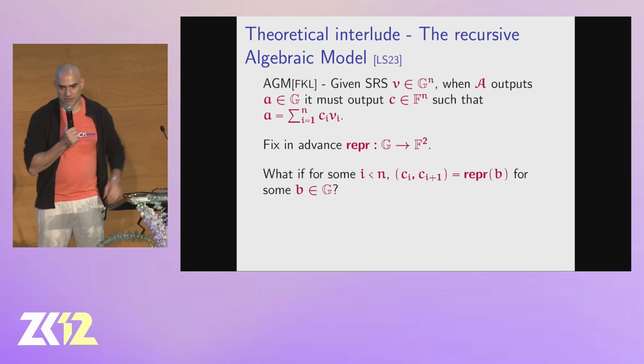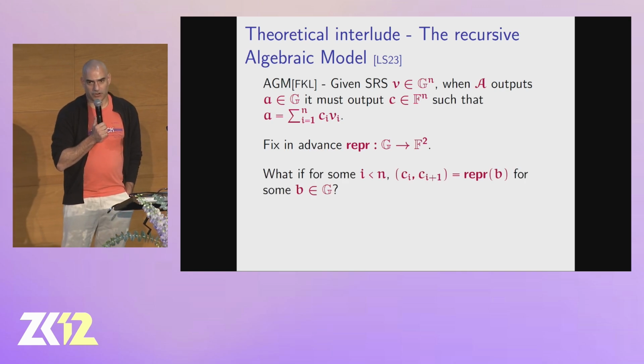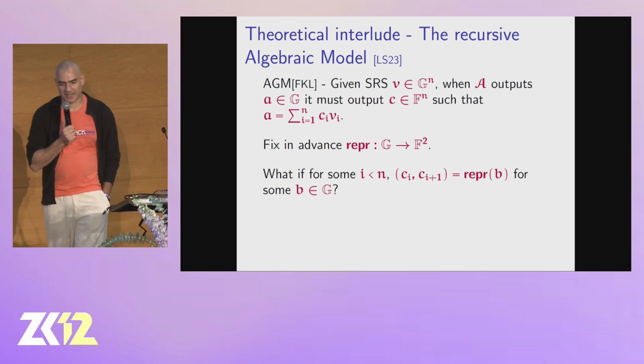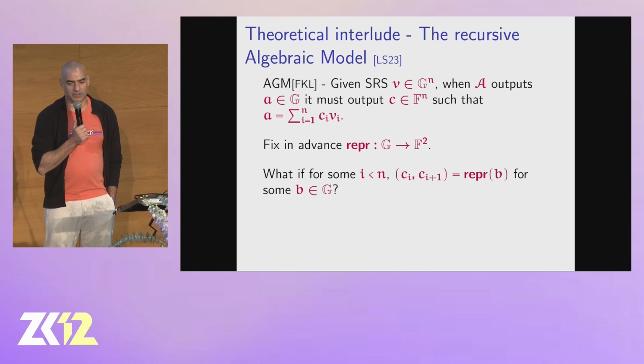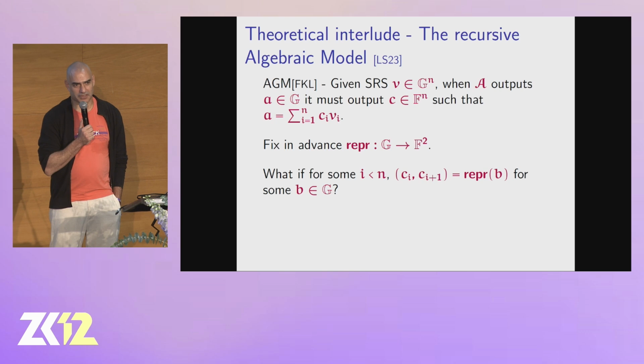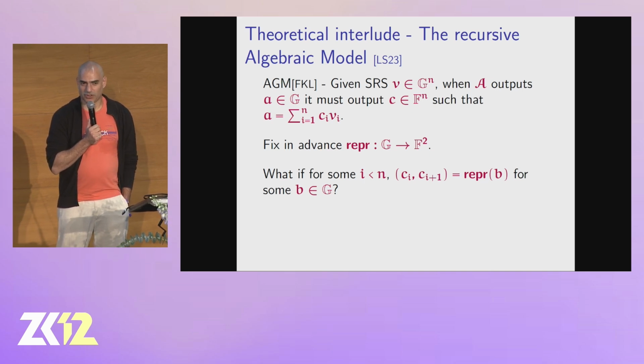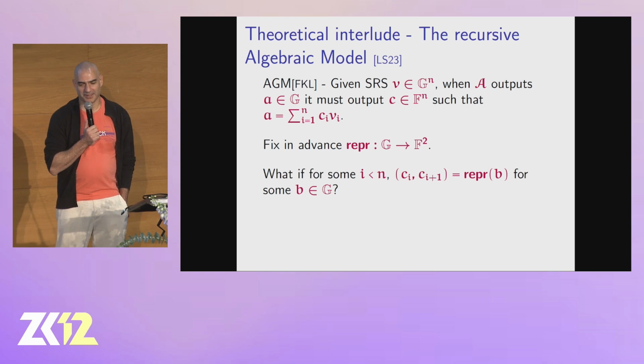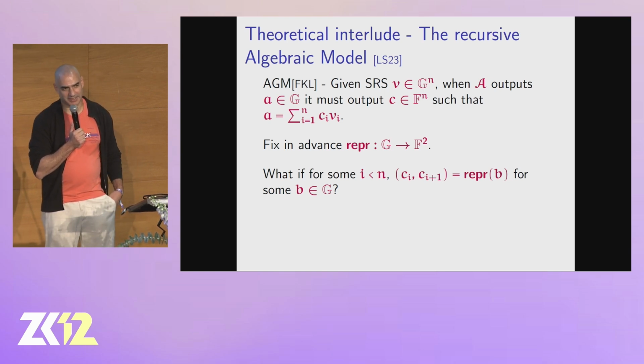And now suppose that the algebraic adversary outputted this vector C, and it just so happens that for some two adjacent indices in this vector of scalars C, C_i and C_i plus 1 is a valid representation of some group element B. So you could ask, well, shouldn't the algebraic adversary now also explain to us how he got to B using the SRS?